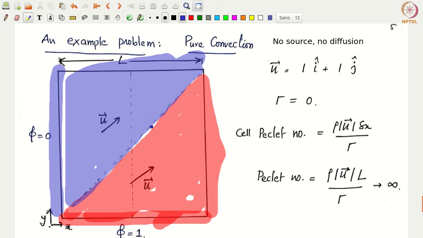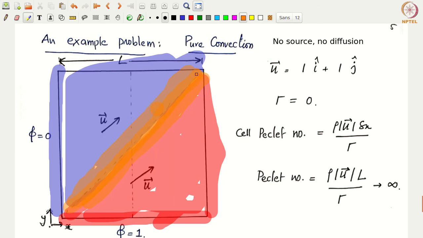However, if there was some diffusion, then there will be a layer that gets formed between these two, right? In which the value of phi would change from 1 to 0 through some diffuse layer. Now the thickness of this layer would depend on the amount of diffusion you have. If you have larger diffusion, this layer would be thicker and thicker, or in the limit of gamma equal to 0, this will also be 0, right?